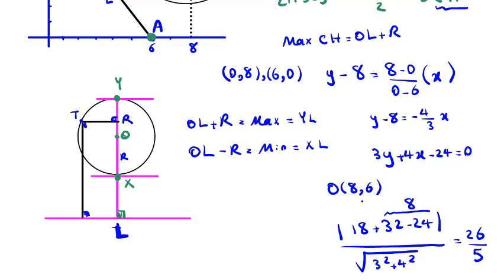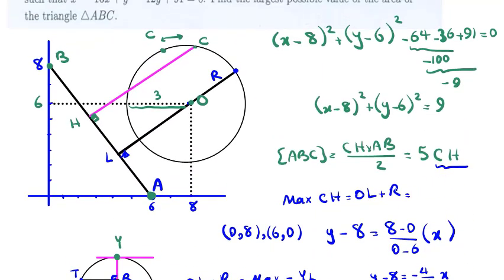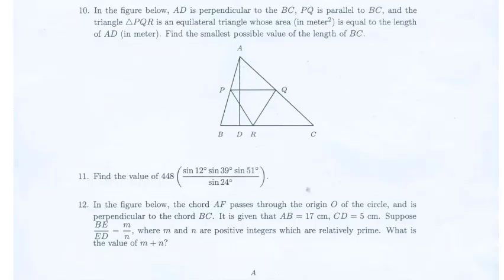So the distance will be 26 over 5. So CH is what? OL is 26 over 5, plus our radius, which is 3. If we multiply 5 by this, it will be 26 plus 5 times 3, 15. So the answer is equal to 41.